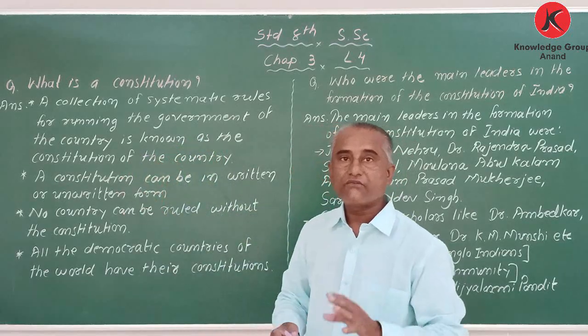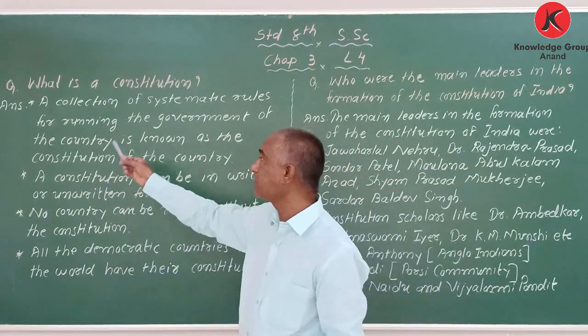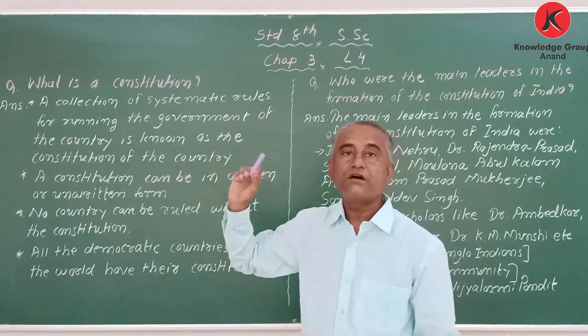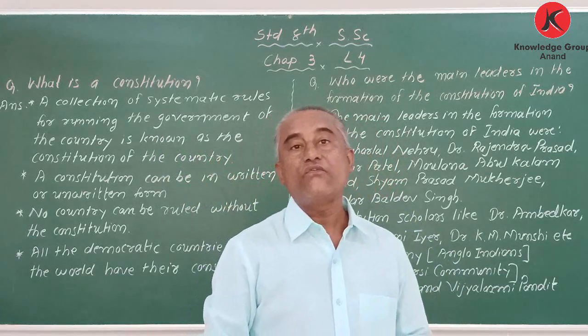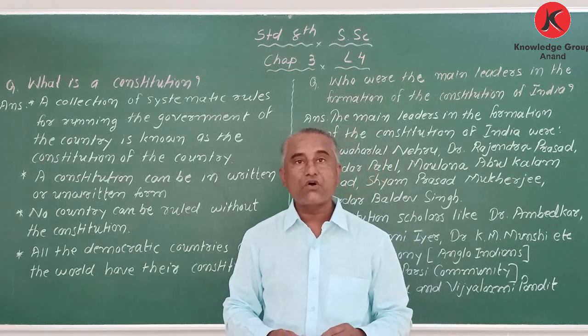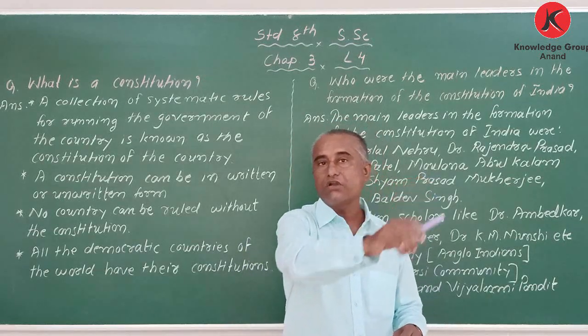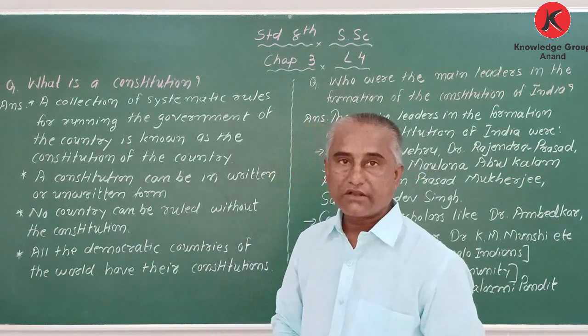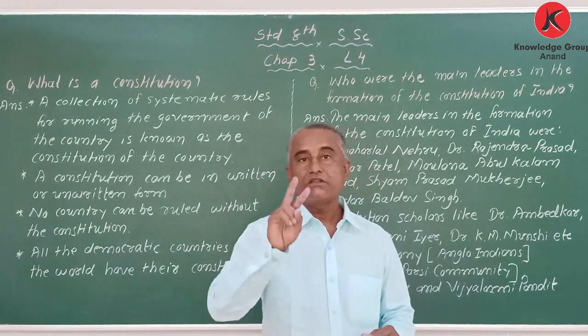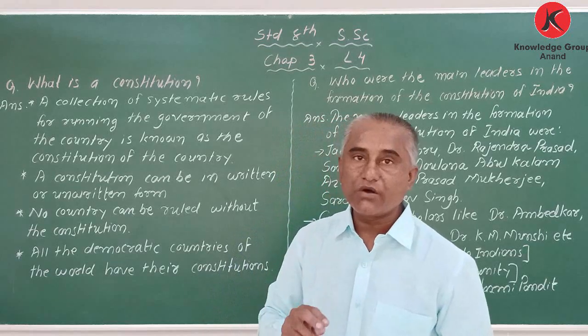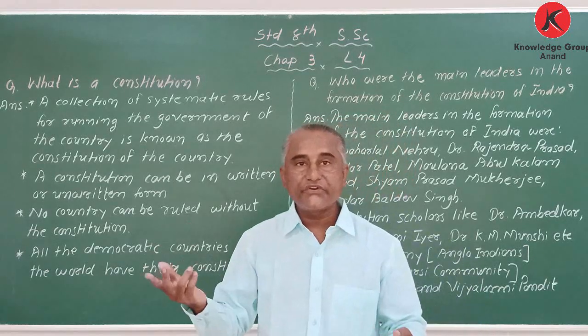Now once again, if you want, I can repeat the same thing. The definition: a collection of systematic rules for running the government of the country is called the constitution of the country. Second point, the constitution can be in two forms, written or unwritten.